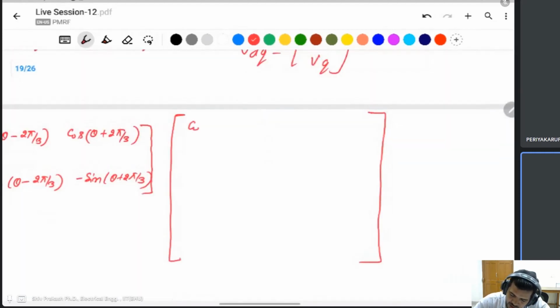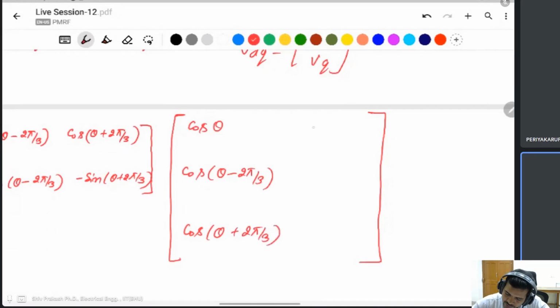X is cos theta, cos of theta minus 2 pi by 3, cos of theta plus 2 pi by 3, then minus sine theta, minus of sine theta minus 2 pi by 3, minus of sine theta plus 2 pi by 3.